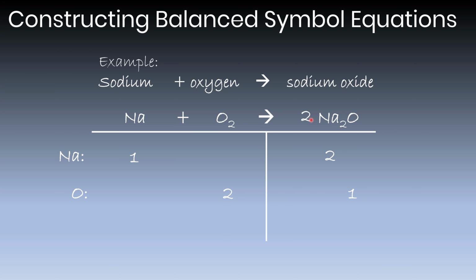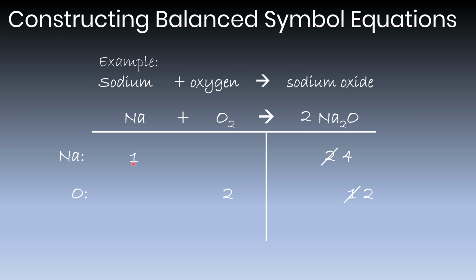So I'm going to put a 2 in front of the formula of sodium oxide, and therefore we have 2 oxygens both sides. But by multiplying the entire formula by 2, I also multiplied the sodiums by 2. So that's 2 times 2 sodiums, so actually I've got 4 sodiums this side now.